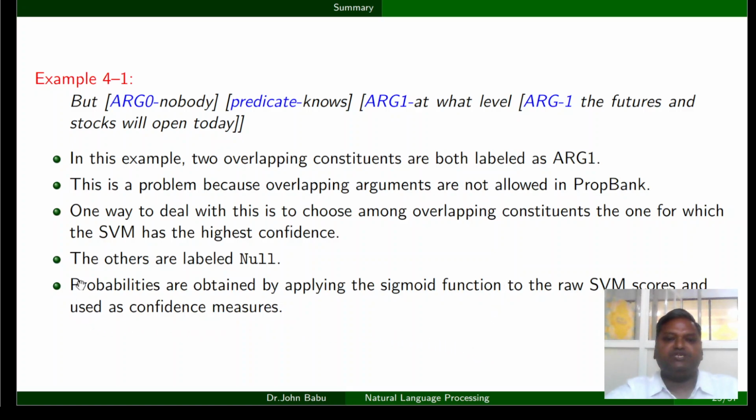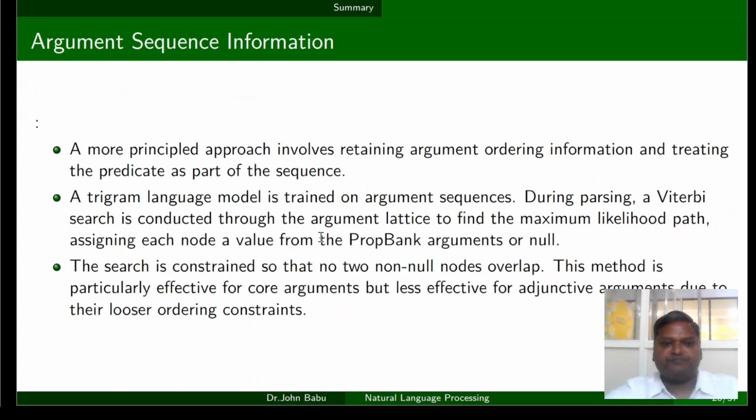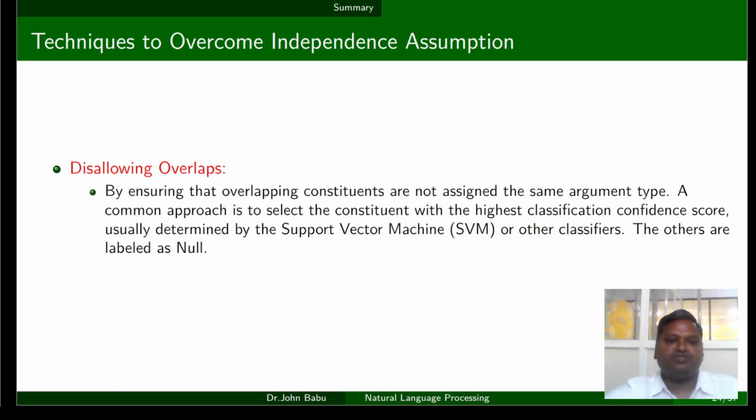So how are we dealing with this? When the SVM assigns labels by the confidence, the one with more probability we will take, and all others will be labeled as null. So there is no question of assigning argument 1 to different constituents. The first method is disallowing the overlaps.